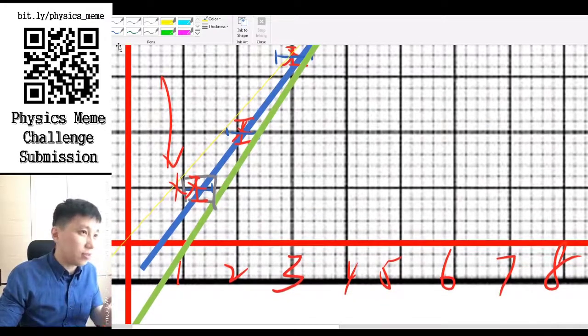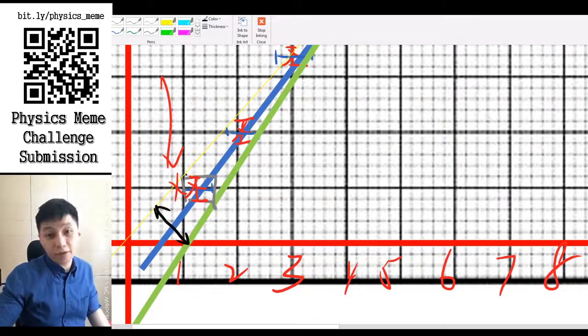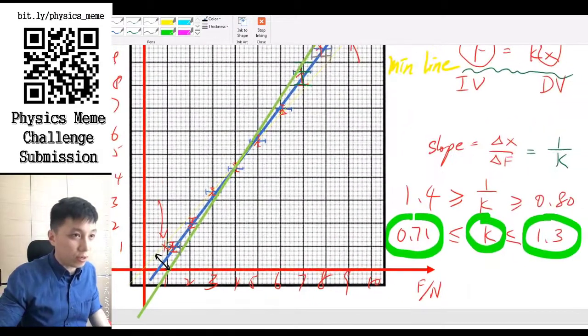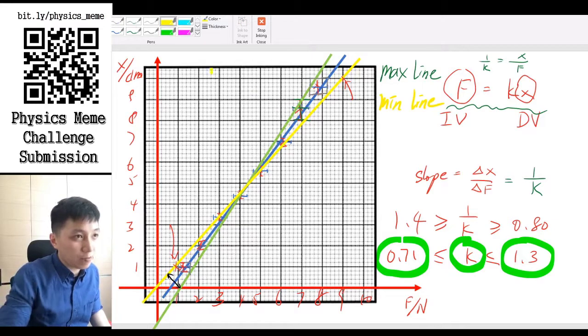So what I mean is that if you are thinking about within the yellow line and the green line, right, this actually cover you a certain region, right? If I try to make it more visible once again, okay, and it actually cover a region that is saying from here to here. These are all valid data, all right, up to here, right?